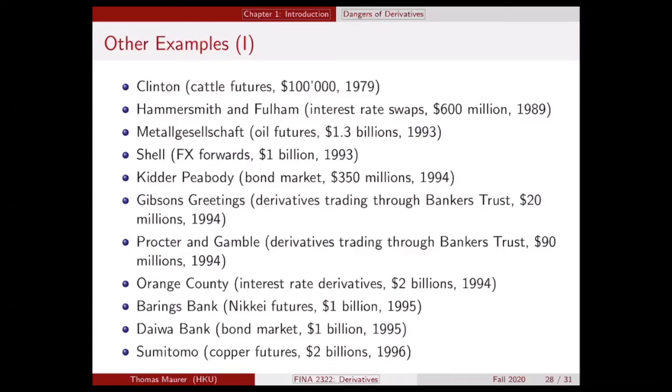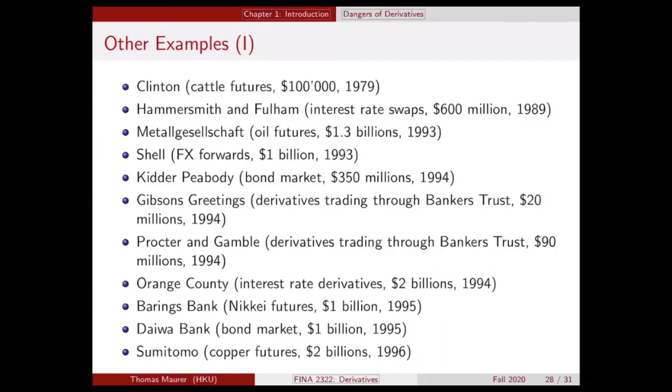Another one which I want to mention is these examples of Gibson Greetings and Procter & Gamble, which traded both with Bankers Trust. In these cases, Bankers Trust was selling some complicated derivatives to Gibson Greetings and Procter & Gamble, and basically made a lot of money in terms of fees from these two clients.